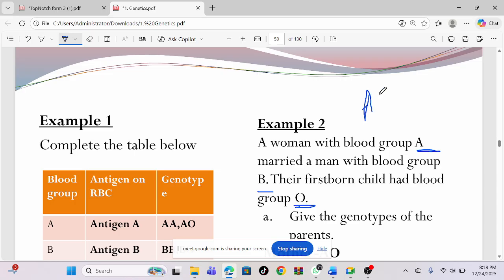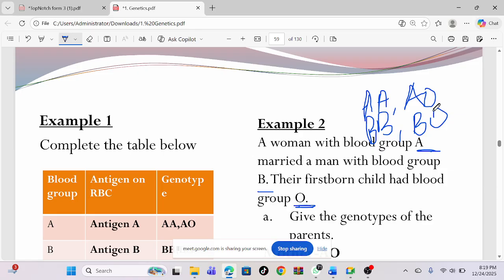Either inaweza kuwa AA or AO. Kama ni B inaweza kuwa BB or BO. So lakini swali sasa imeendelea na wamekwambia their firstborn had a blood group O.